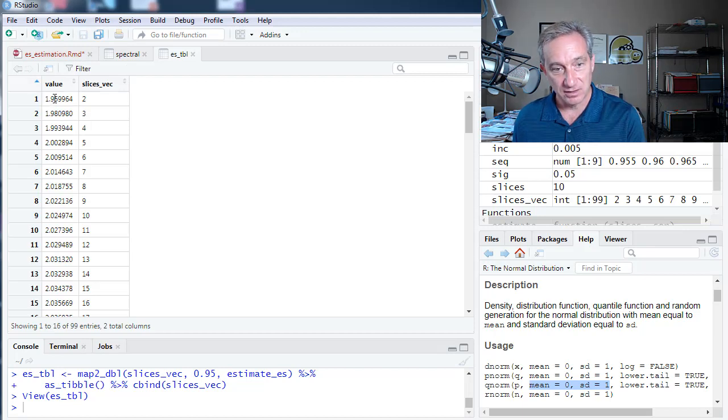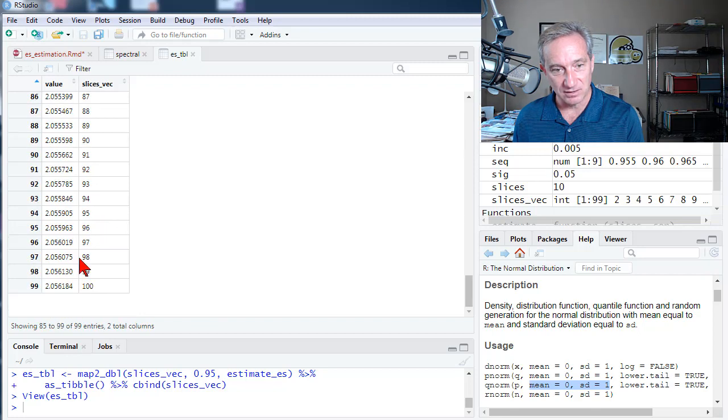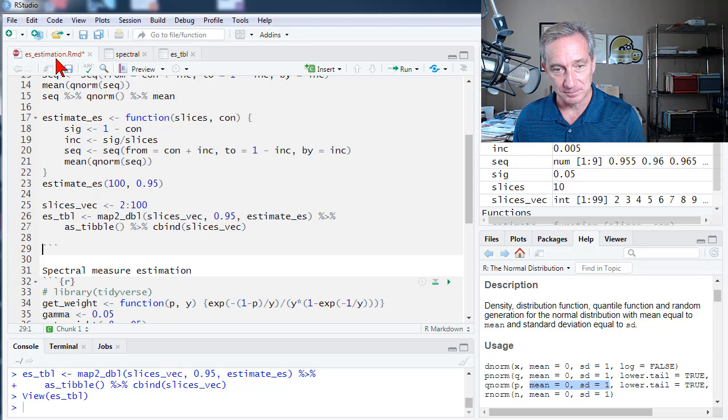So now we're going to have the 99 rows here. Here's the estimate of expected shortfall for only 2 slices, not very accurate. And then we're getting the estimate as we increase the number of slices. Down here, getting much closer and closer to that true value, 2.063.